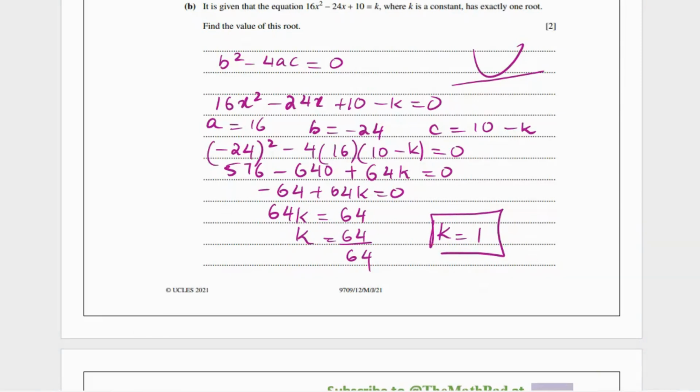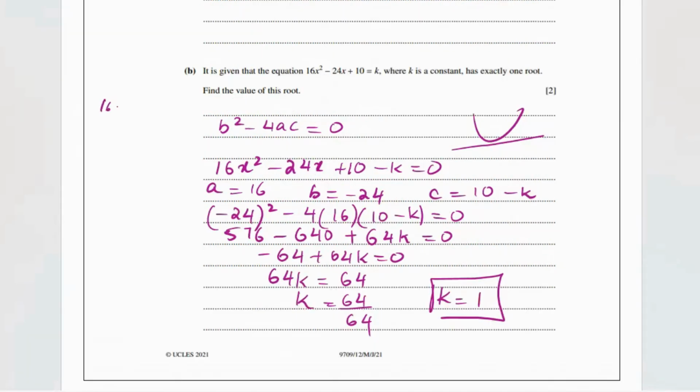That is your value of k, so now you find the value of the root. So it's going to be 16x squared minus 24x plus 10 equals 1. So 16x squared minus 24x plus 9 equals 0. We have to factorize this equation. 16 times 9 is 144.